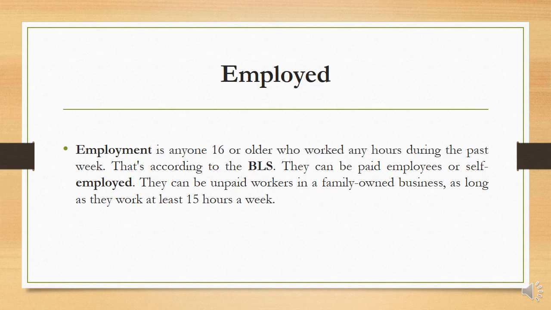Employed. Who is employed? Employed is anyone 16 or older who worked any hours during the past week. That is, according to the BLS, they can be paid employees or self-employed. They can be unpaid workers in a family-owned business as long as they work at least 15 hours a week.